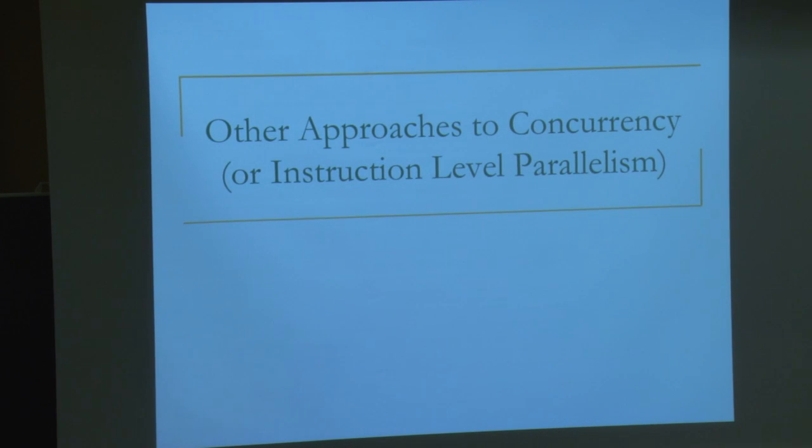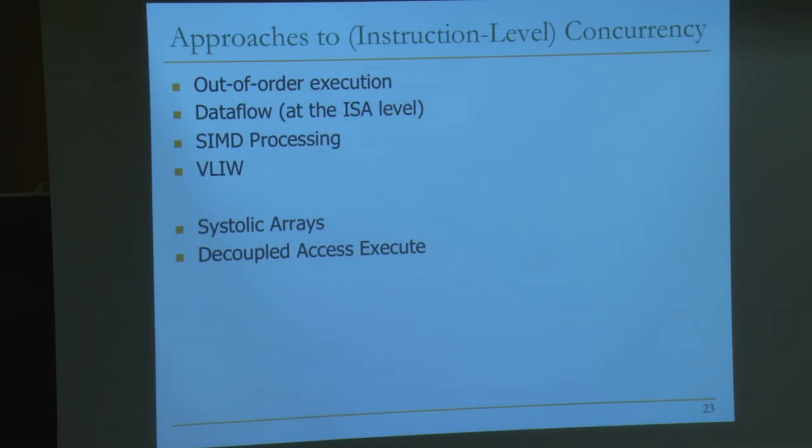Okay, so let's talk about other approaches to concurrency. Certainly, superscalar and out-of-order execution is not the only approach. In fact, you've seen others. I'm going to cover one of them very quickly, Dataflow machines, which has not been successful, Dataflow at the ISA level. But I think it's instructive to look at things, like why hasn't it been successful.